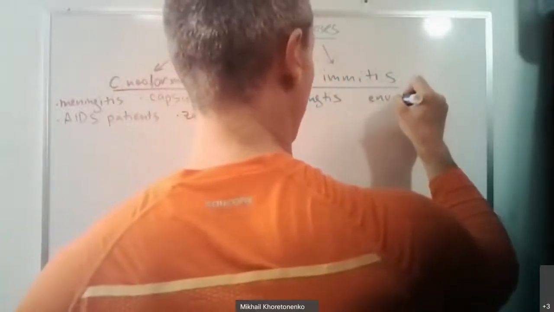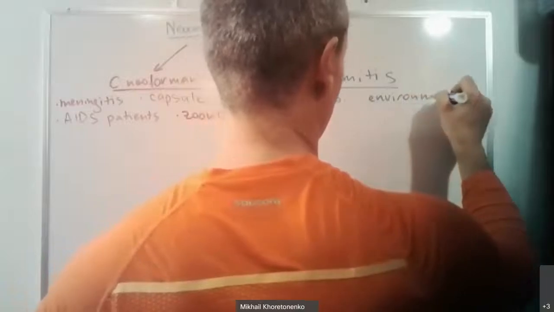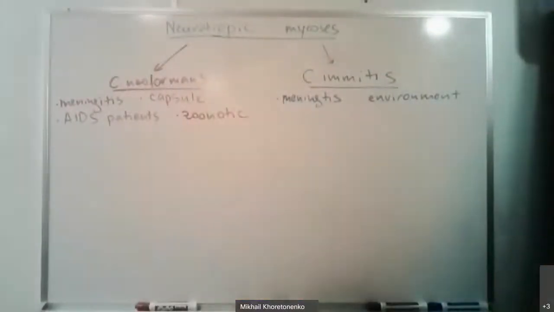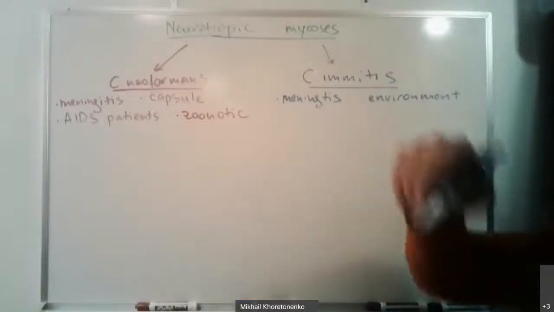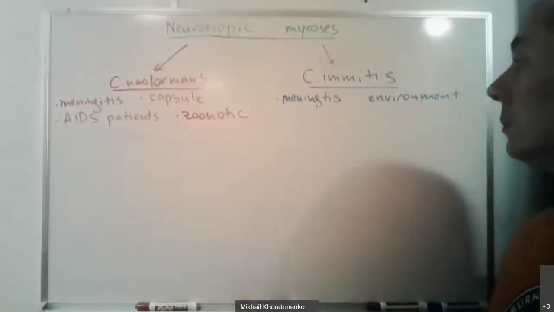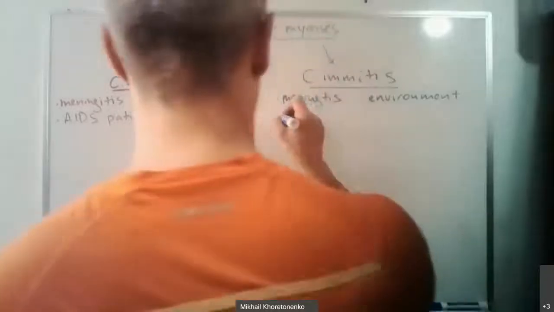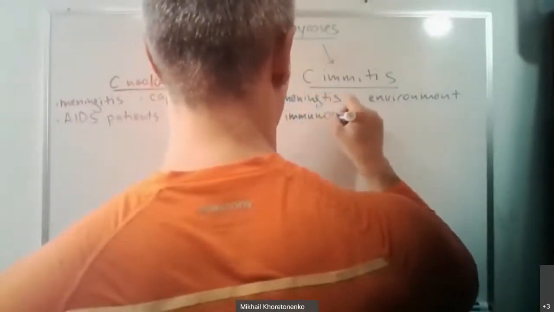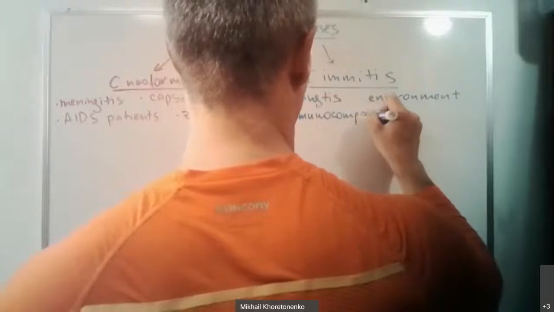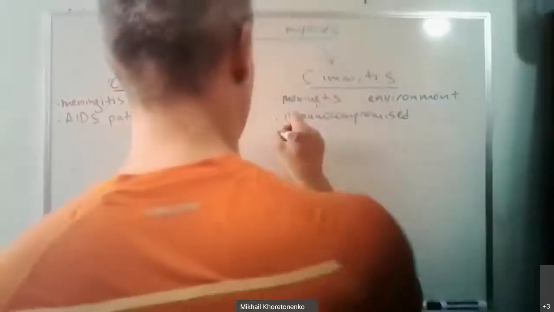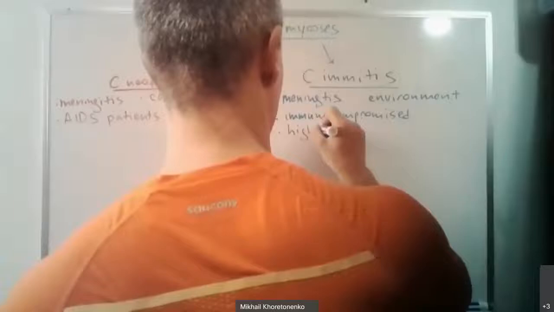It can be acquired from the environment and is pretty common in the southwest United States, like California and Nevada. It affects mostly immunocompromised people.